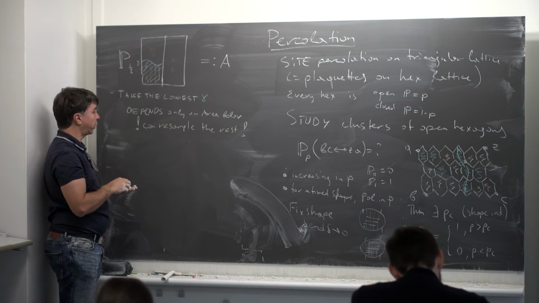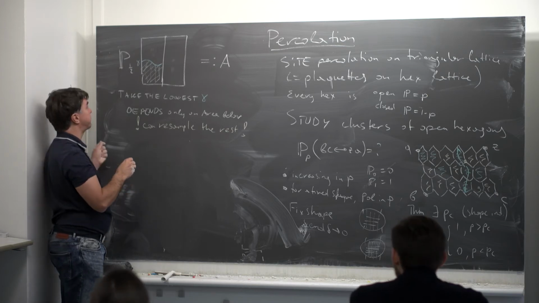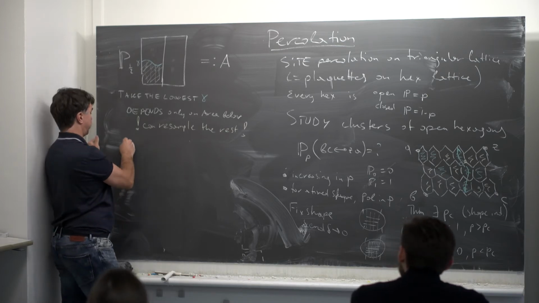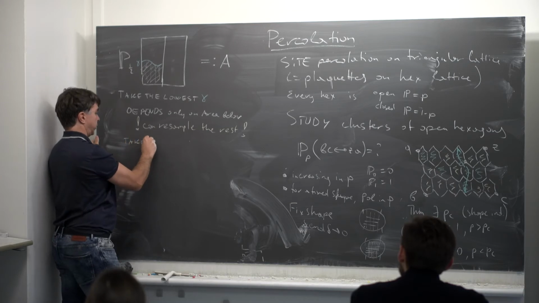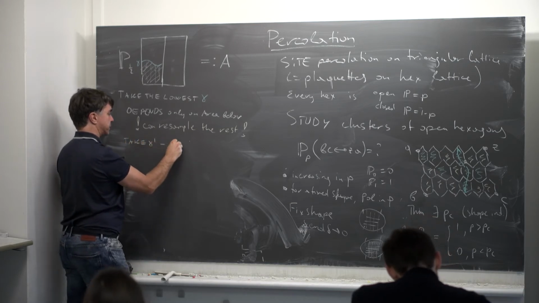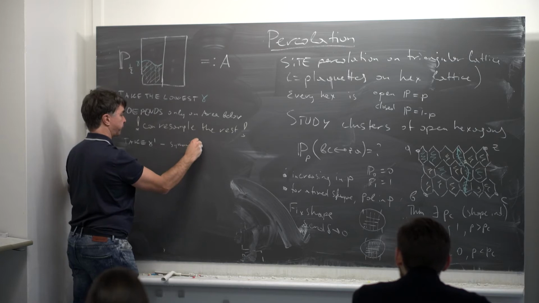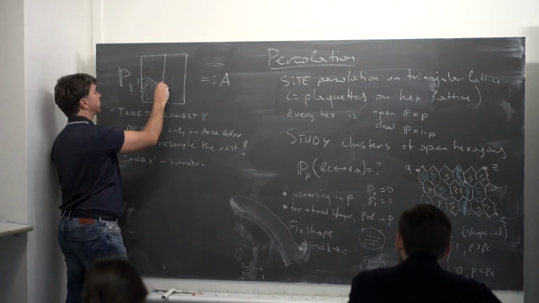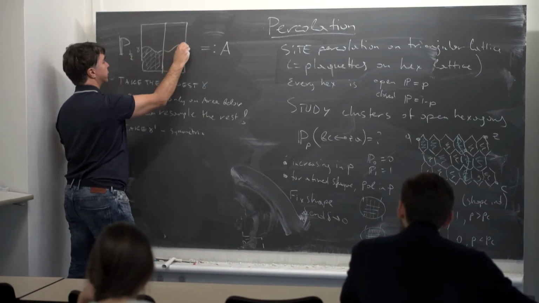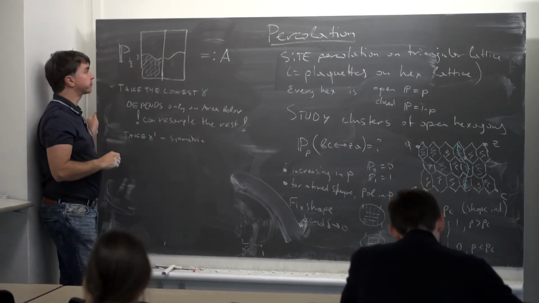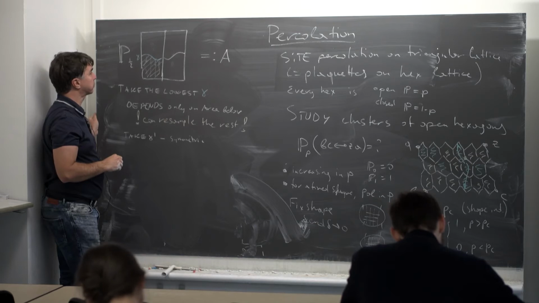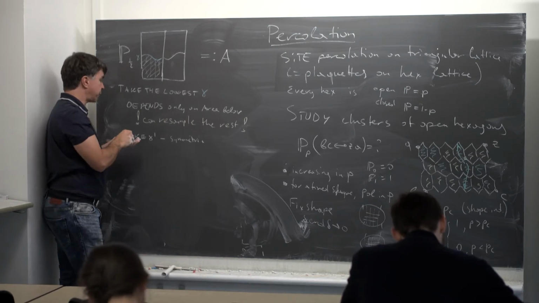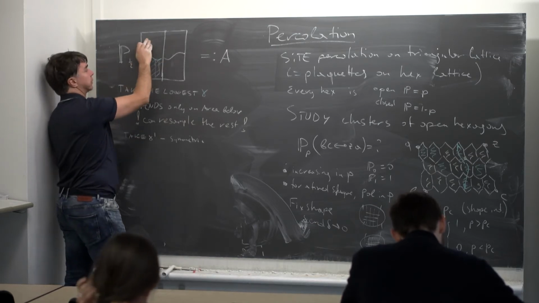So what I do, I take the symmetric curve, gamma prime. Let me draw it like that. So the symmetric which goes like this. And then I have this butterfly shape.